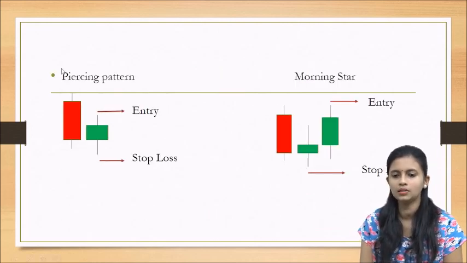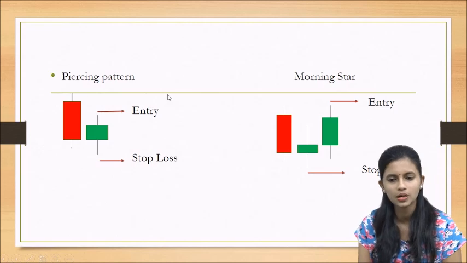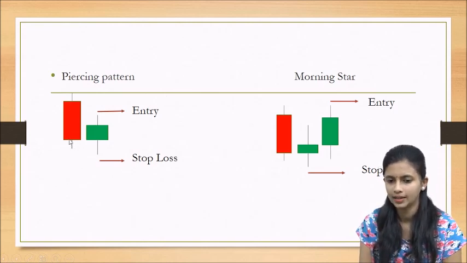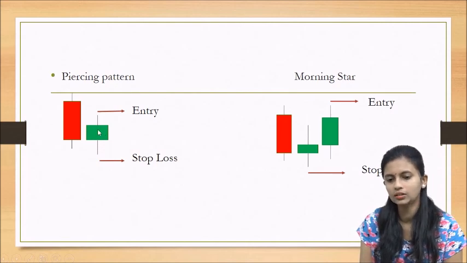So the next reversal pattern is piercing pattern. Okay, here you have a big red candle, then you have a small green candle. You can see here that this green candle can be a doji also. Most probably it will be a doji.